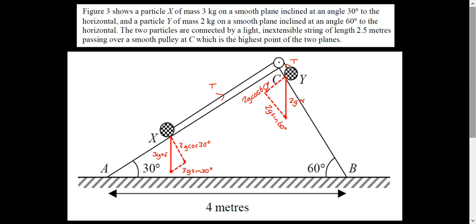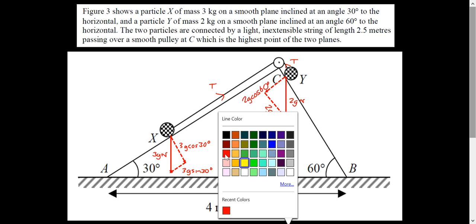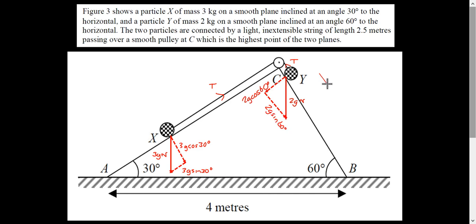One last thing that I will add in is which direction my acceleration is. We've got an acceleration of Y, and we've got an acceleration of X. It's the same acceleration. And the particles in this instance are moving: X is moving towards the pulley, and Y is moving towards the floor.